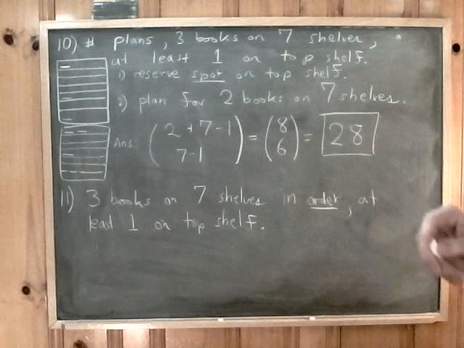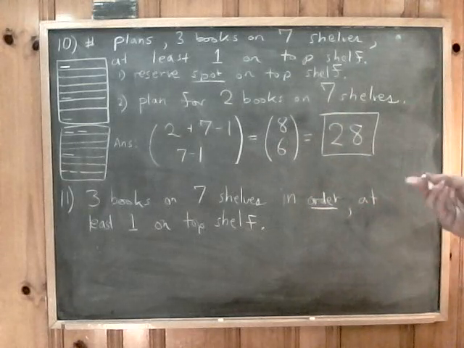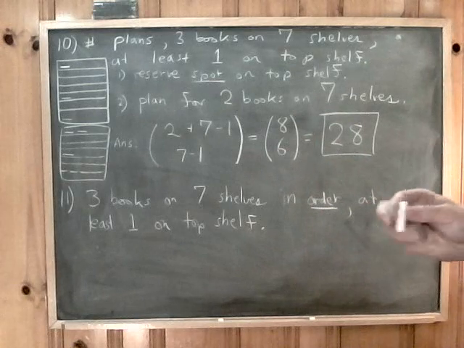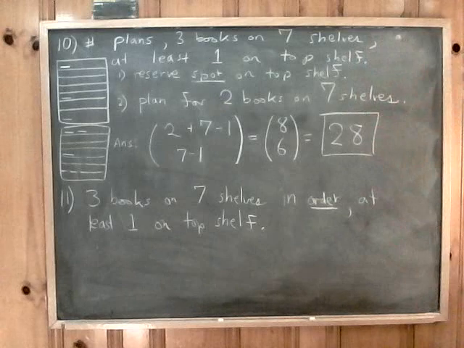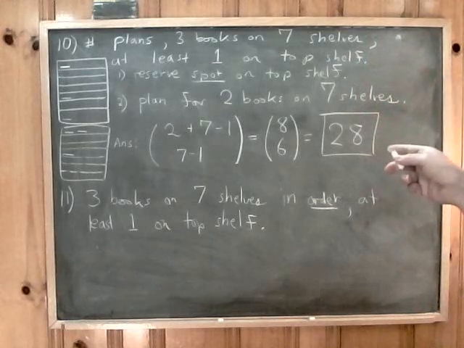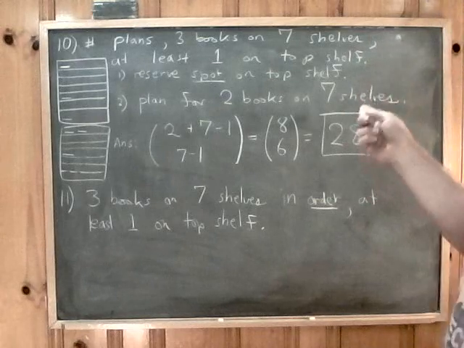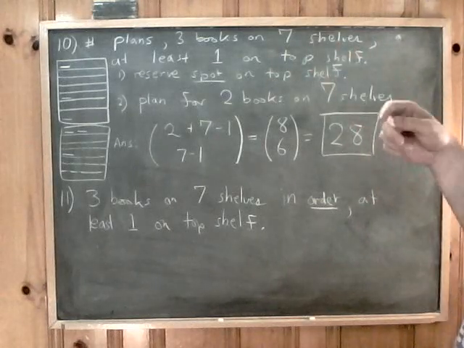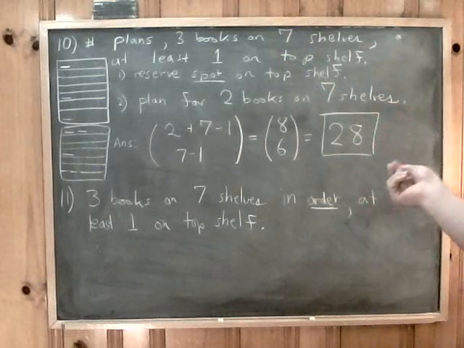Now we can look immediately at number 11. It says that we want to put 3 books on 7 shelves in order and at least 1 on the top shelf. So with number 10 in mind, the answer to number 11 is found by first coming up with a plan where you reserve a spot on the top shelf and then placing the 3 books into the 3 locations.